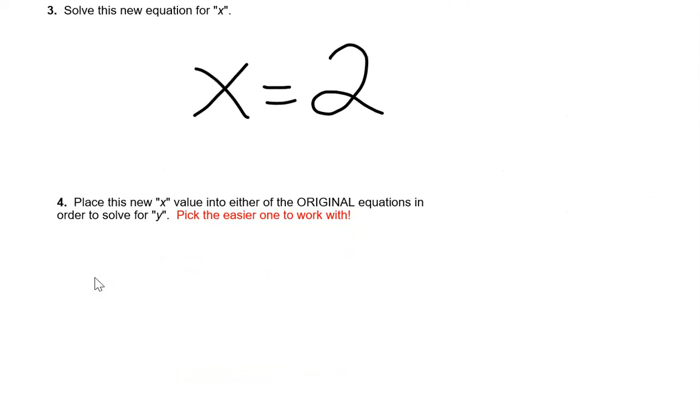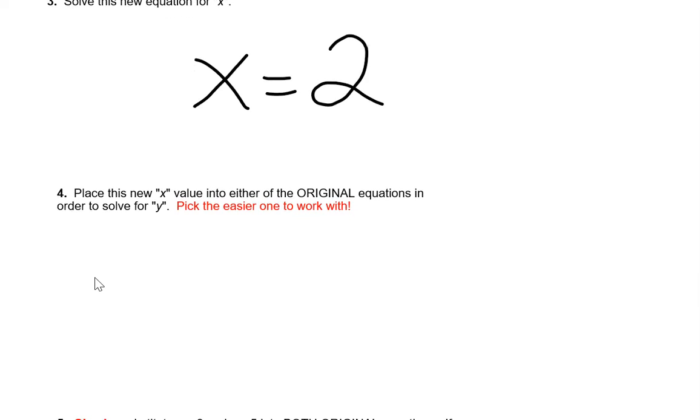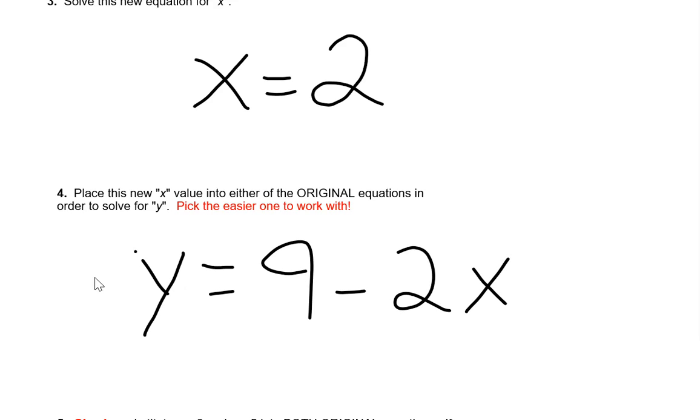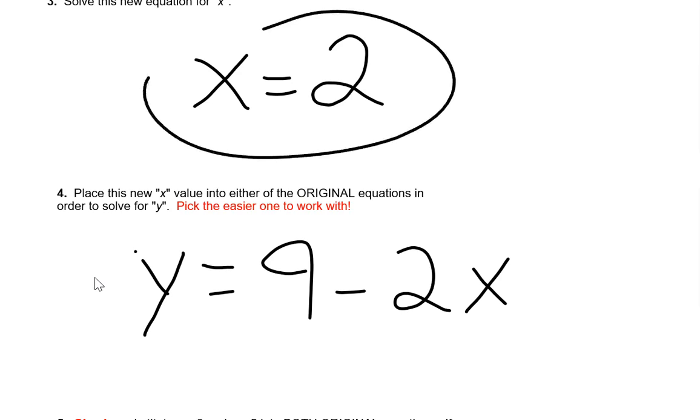Now if I have x equals 2, I want to go back into the original equation I had. If you think about it, I had y equals 9 minus 2x, which is going to be the easier one to work with.